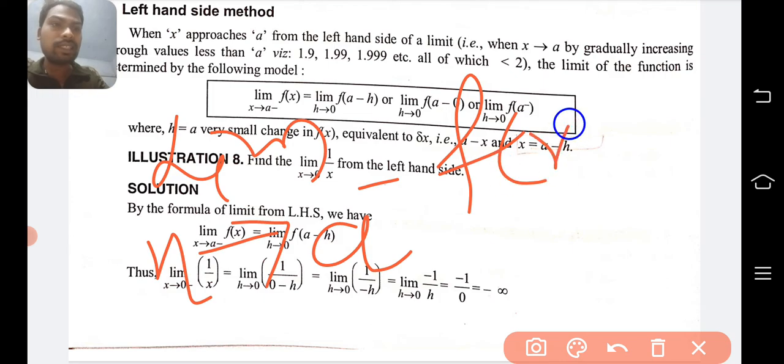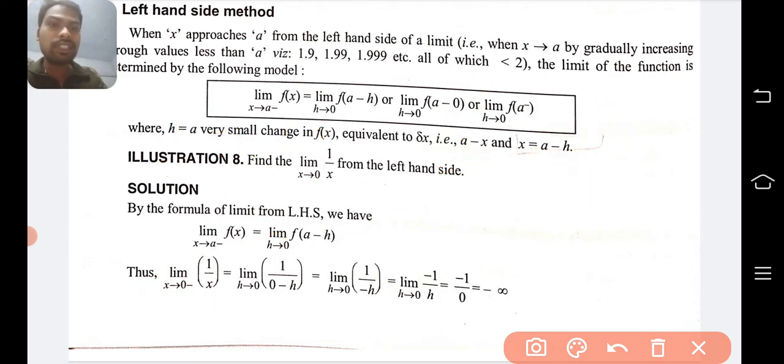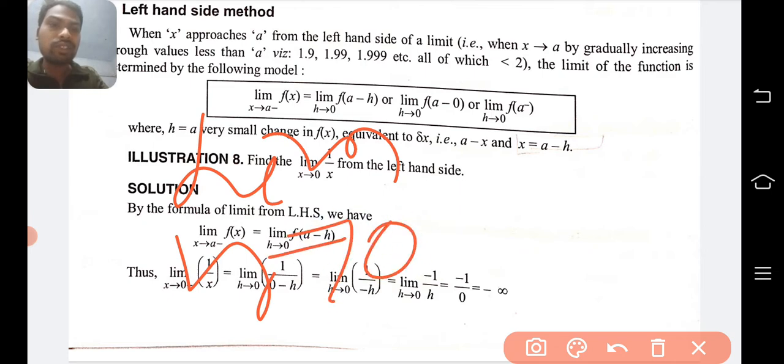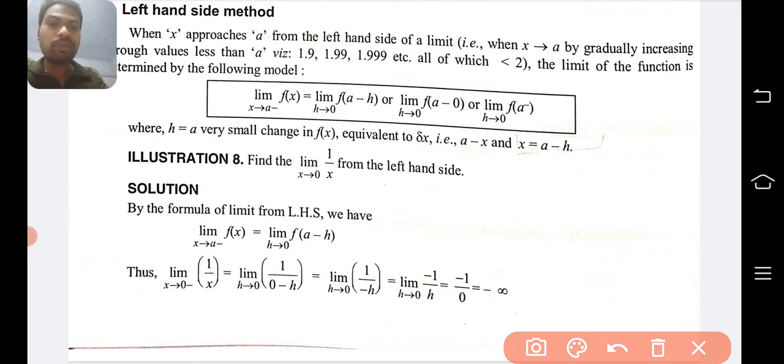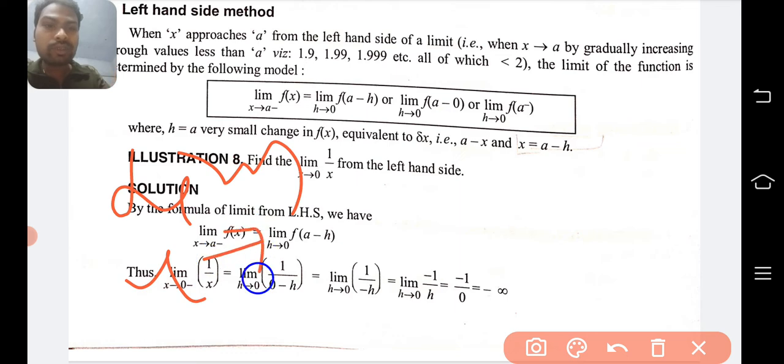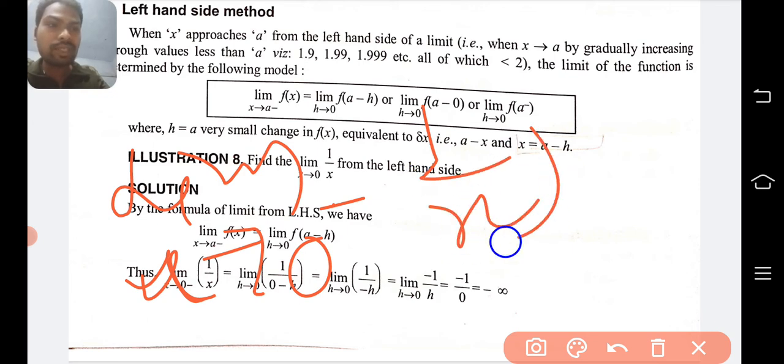Clear? And this is denoted in this form, limit x tends to 0 to the power minus of 1 by x, we can say.